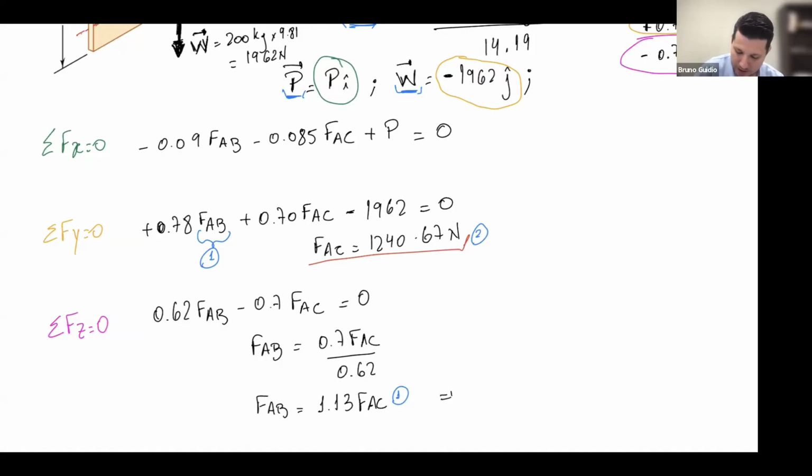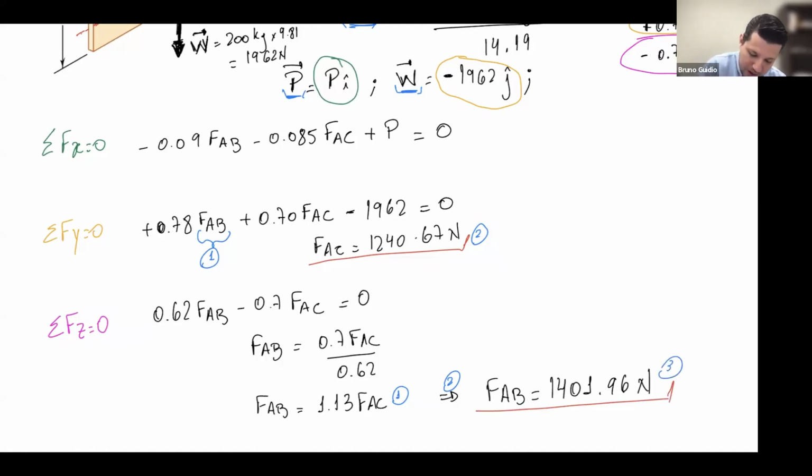Then using number 2, I will find FAB is 1,401.96 newtons. That's FAB.